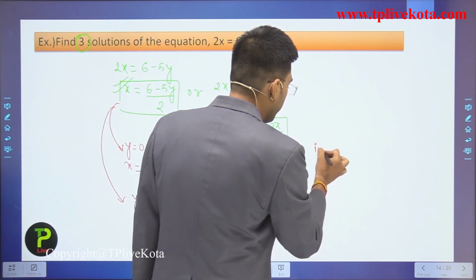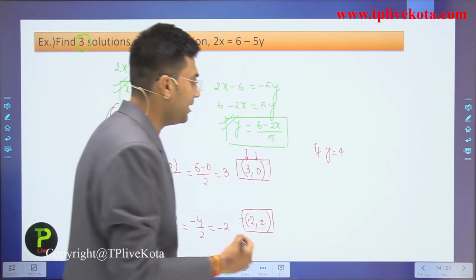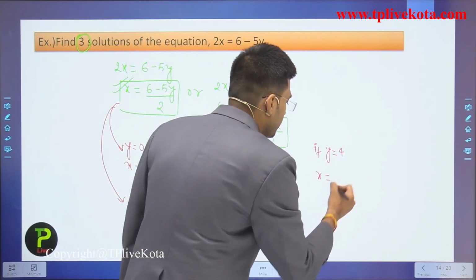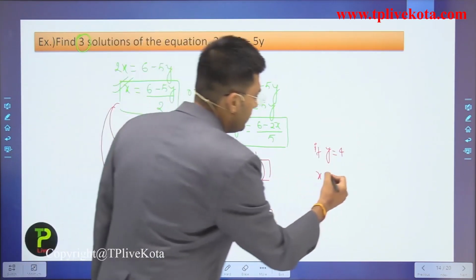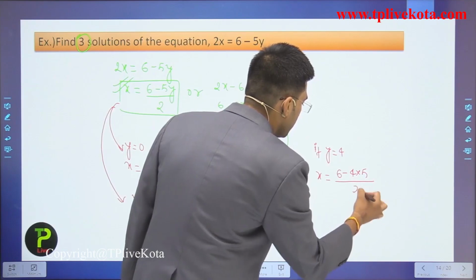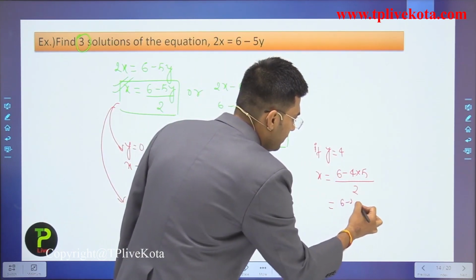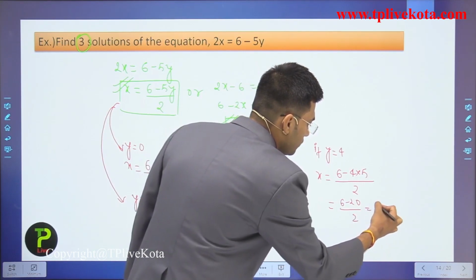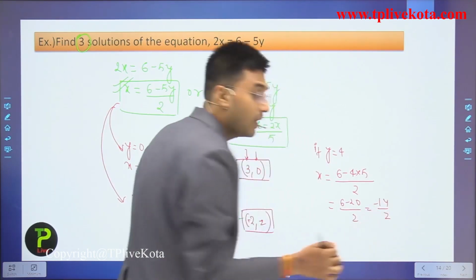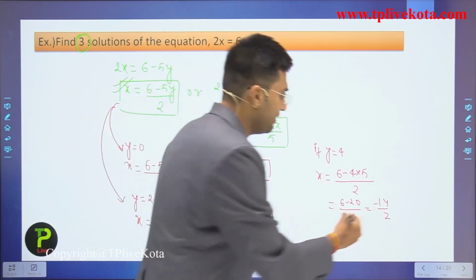Put y is equal to 4. If y is equal to 4, then x is equal to (6 minus 4 multiplied by 5) divided by 2. So it is equal to (6 minus 20) divided by 2, that is equal to minus 14 divided by 2, and minus 14 divided by 2 is what? It is minus 7.